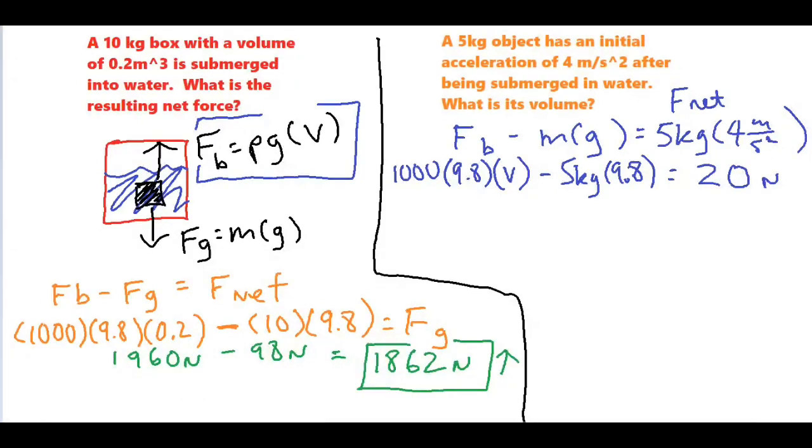So what we can do is simplify the look of our problem a little bit. 1,000 times 9.8 is 980 as our coefficient in front of the V. And then we have 5 times 9.8, which is 49. Let's go ahead and add that 49 to both sides.